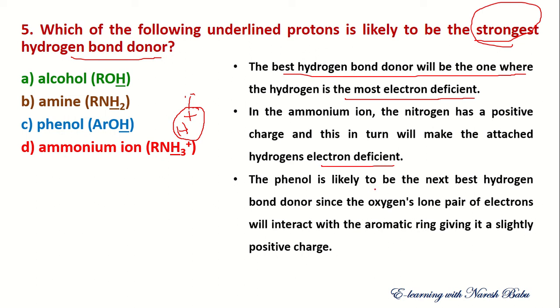The phenol is likely to be the next best hydrogen bond donor, since the oxygen lone pair interacts with the aromatic ring and gives it a slightly positive charge. So the answer is the ammonium ion.